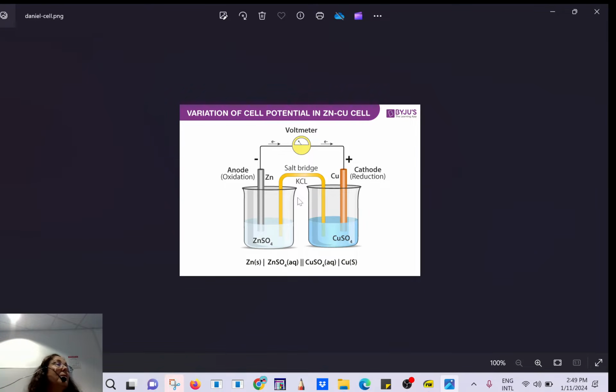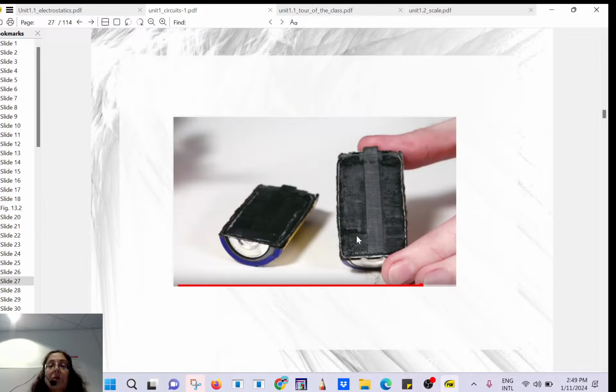It's a little bit different from the potato because the electrons are not in the same liquid, so it's much more stable. It works better this way. That was called the Daniel cell, and those are the batteries that we use today, but again, it's the same idea.